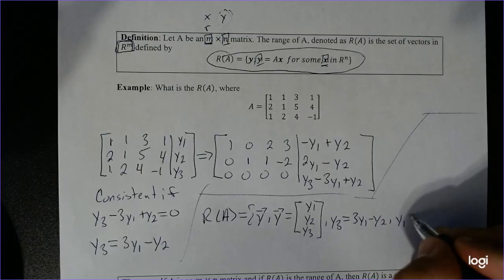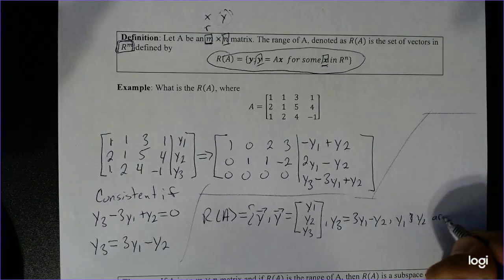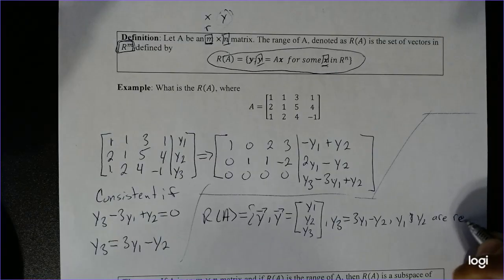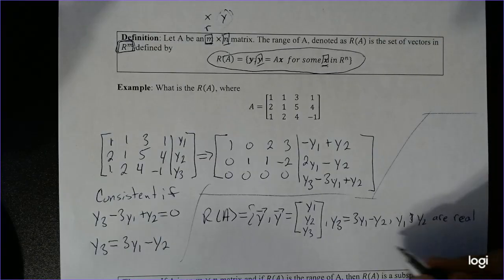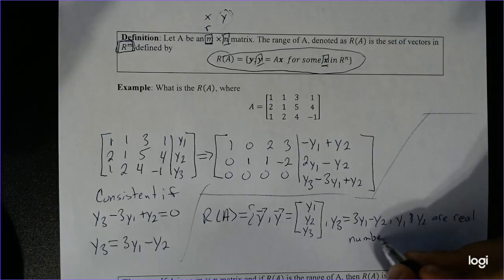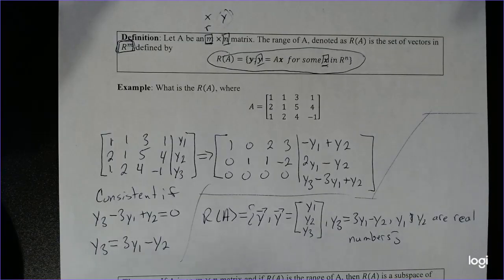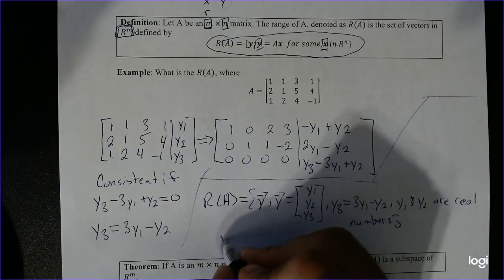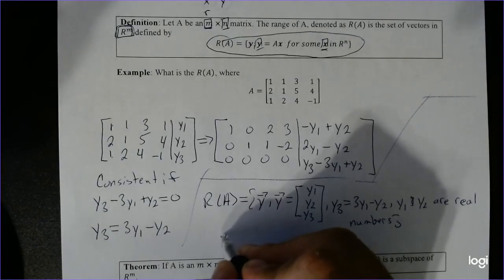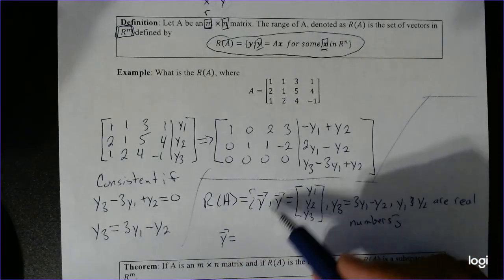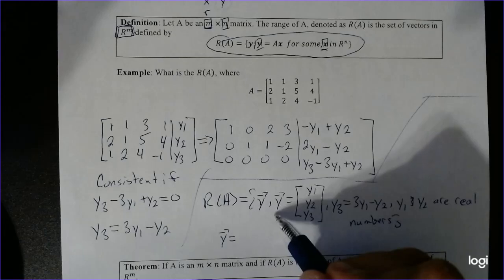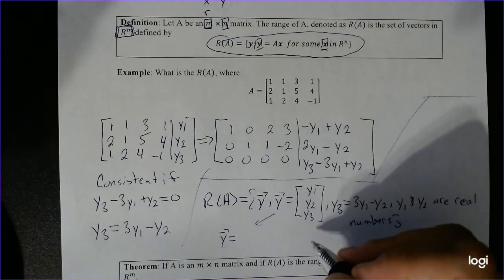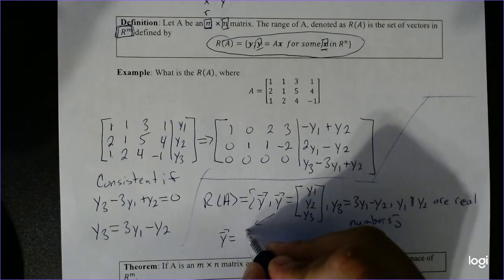And therefore y1 and y2 are real numbers. Or again, if you don't like this format, you can write it as this. So replace this part here with this. So it's the linear independency portion.